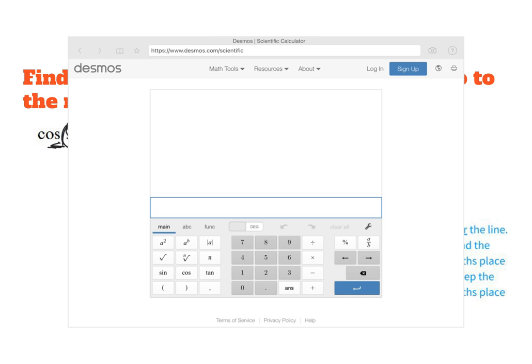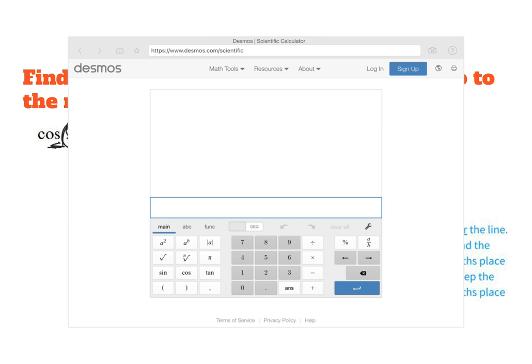Even though we've been using calculators for a long time, chances are you've never changed the mode of the calculator. The default is usually radian, and radian is taking into account pi and all of these things. If we are talking about degrees, then we need to be in degree mode.